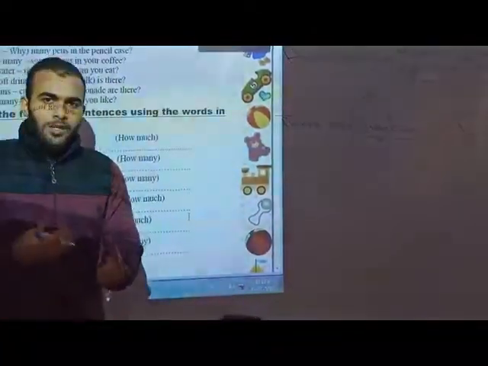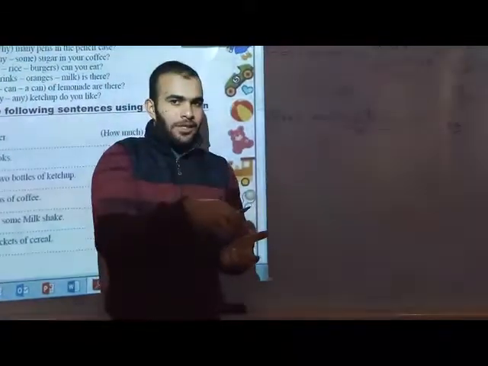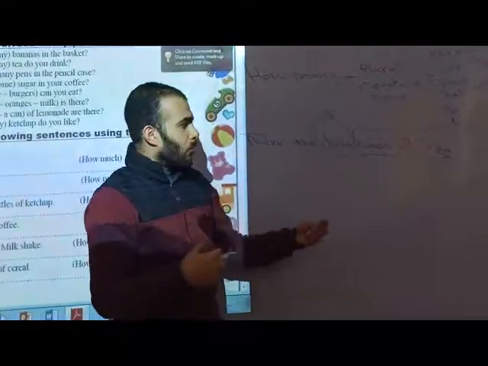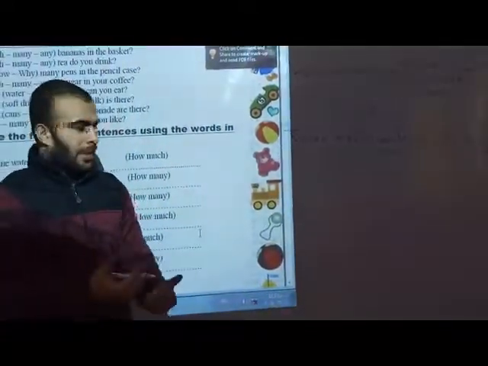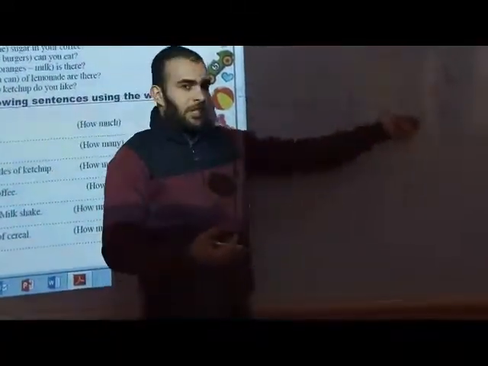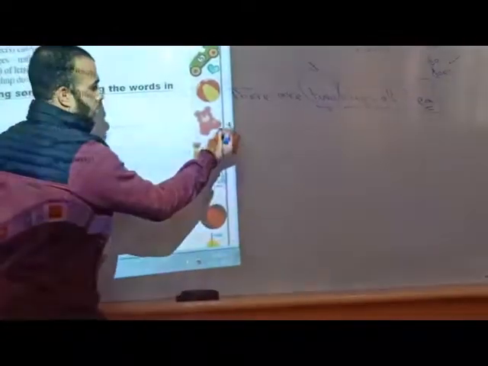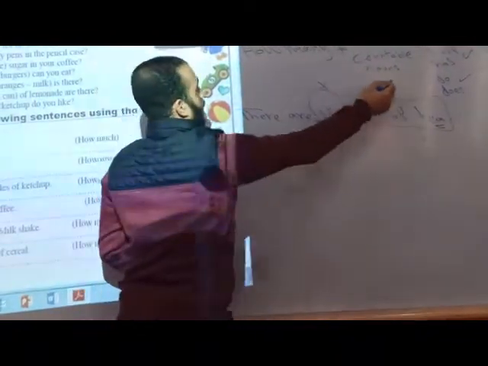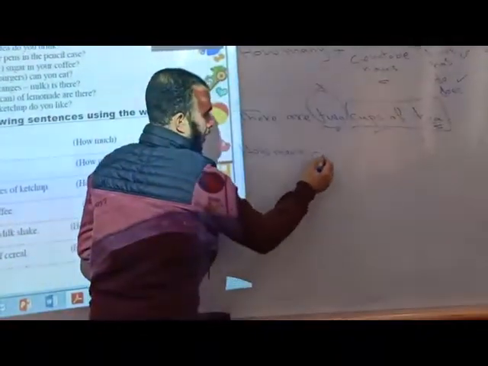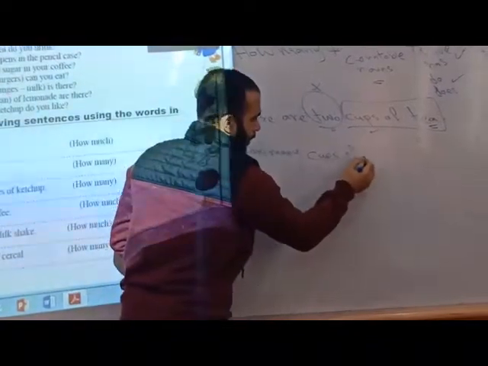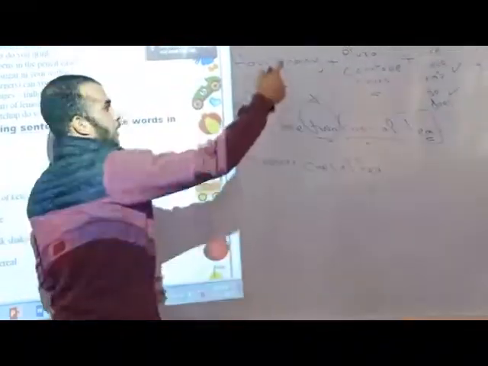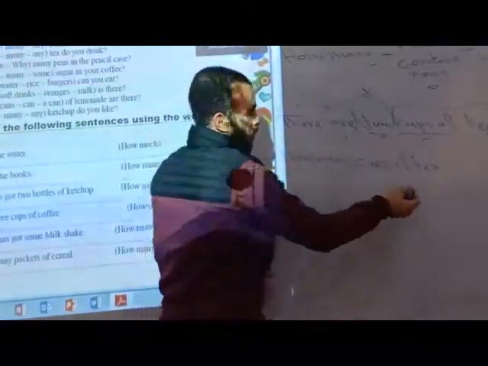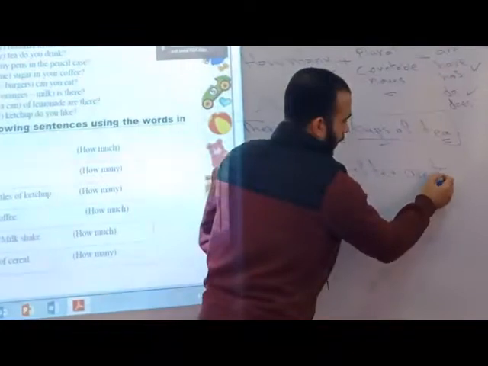To make it countable, we put it in containers, like cup or glass or bottle or can. So there are 2 cups of tea. Use how many. You are going to start: how many? Then the plural countable noun, cups of tea. How many cups of tea? Then helping verb, are there. How many cups of tea are there?